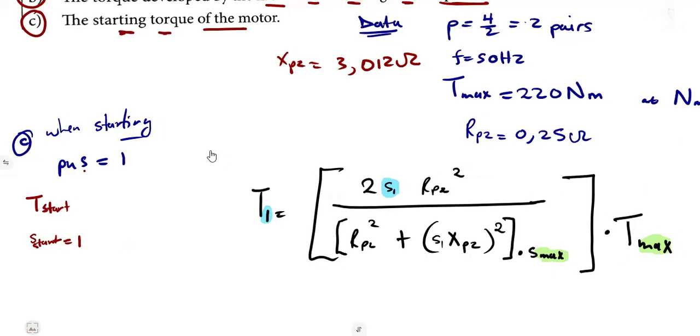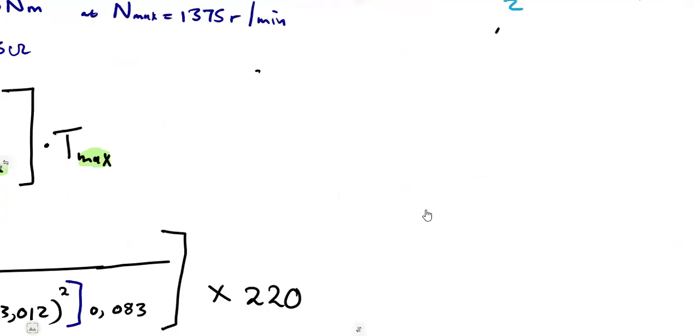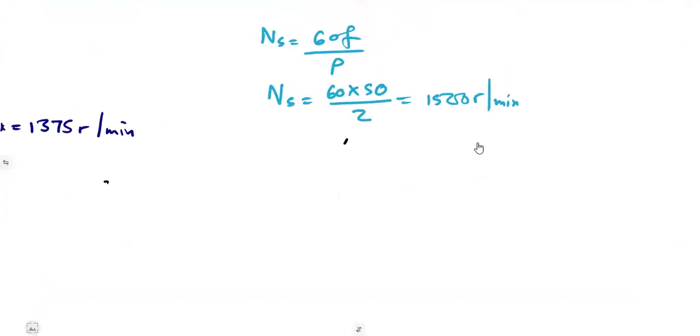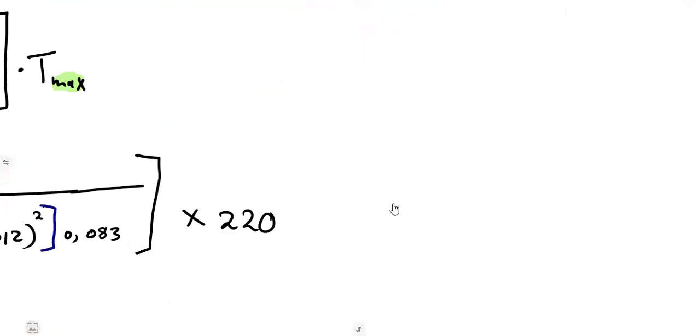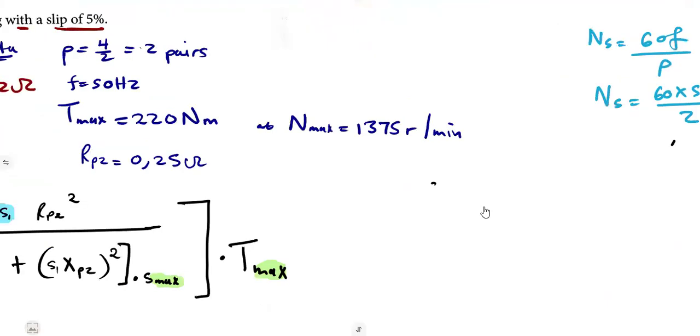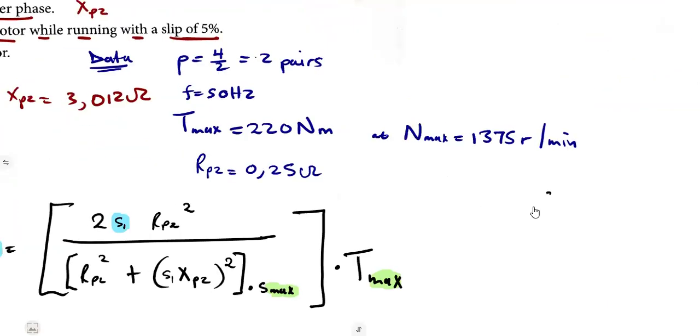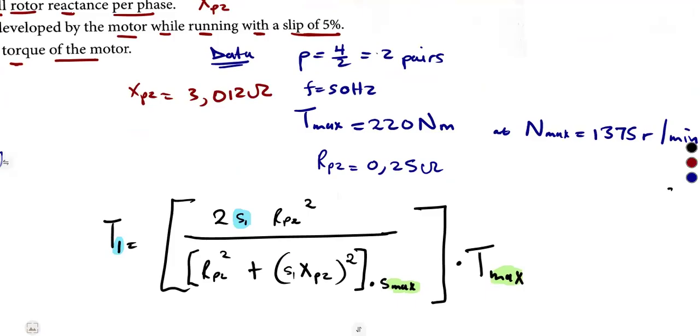So the question is, is our maximum slip affected, the one that we calculated? We ended up calculating that maximum slip, which gave us 0.083. Is it going to be affected? No, it's not affected because it was from the maximum speed.